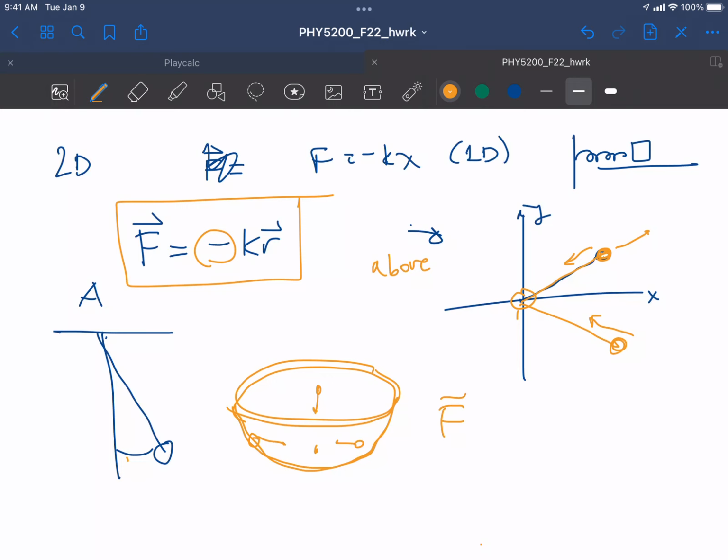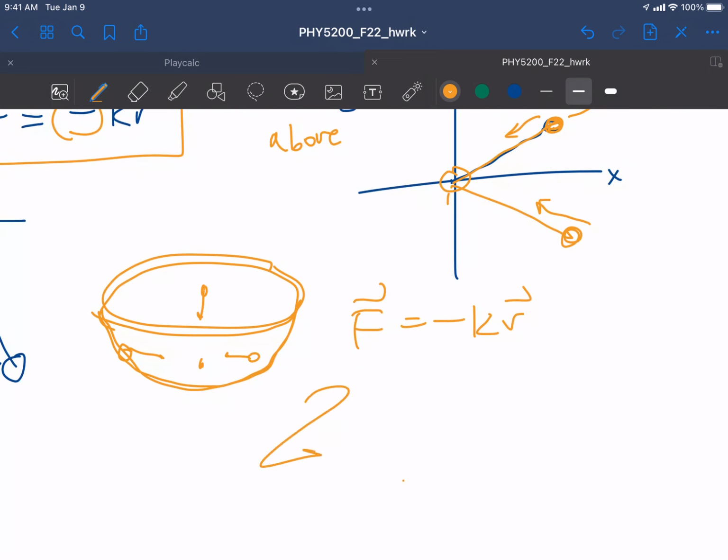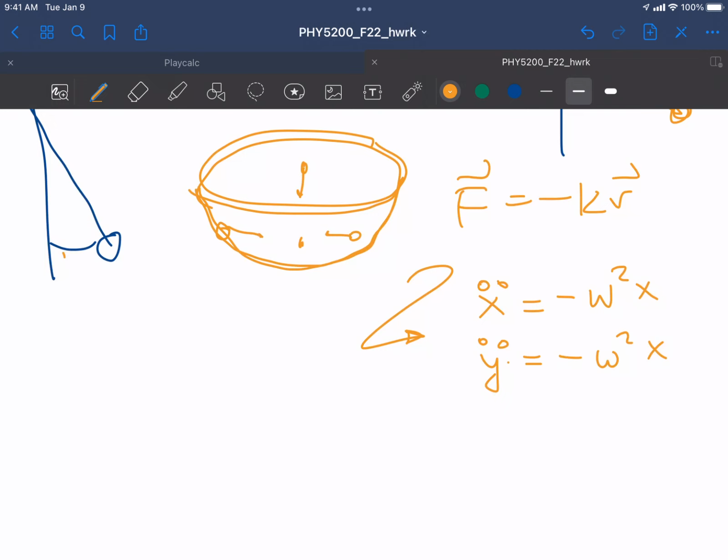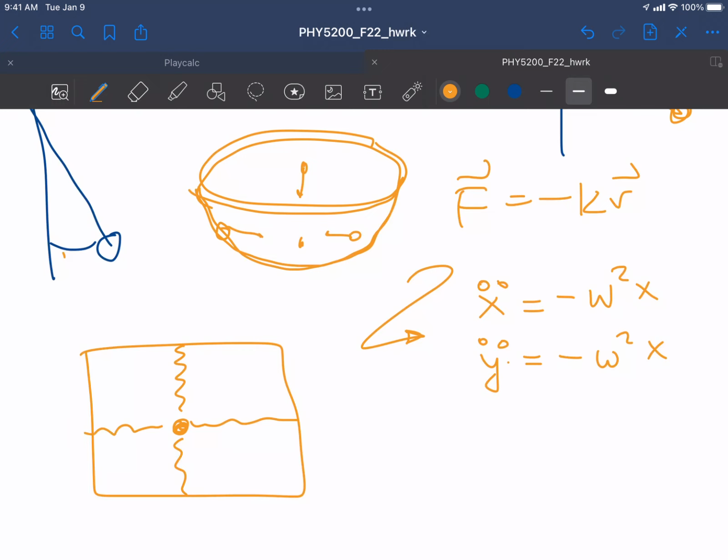This equation F equals minus kr, these are Cartesian coordinates, equivalent to two equations of motion. All right. And effectively, in our spring, if you want to think about it, you can imagine that you have a mass which is attached to four springs like this, each with a spring constant k.